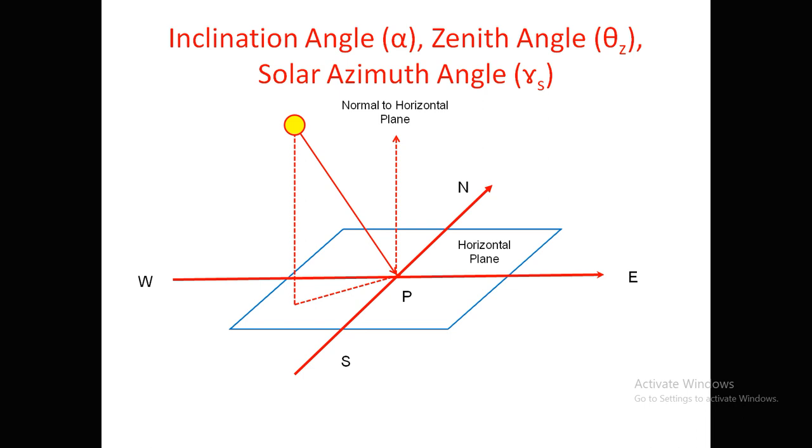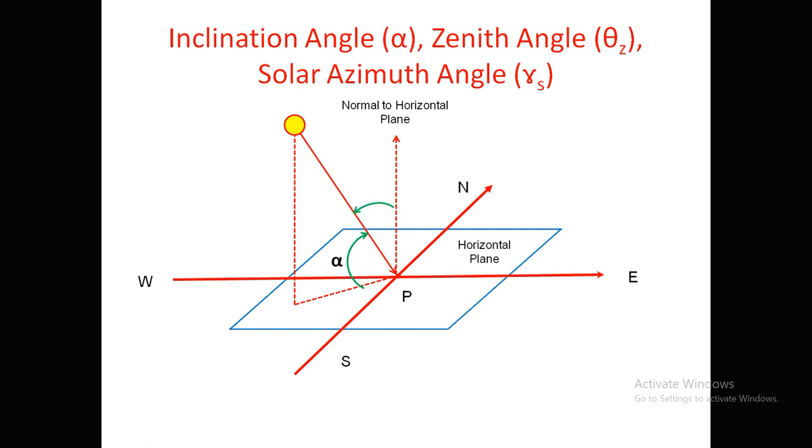Now we need to identify the angles. This angle is called alpha, the inclination angle. So this is the angle between the line from the sun to point P and the projection line. Okay, the projection line, this is alpha, the inclination angle alpha. Let us see some other angles also.